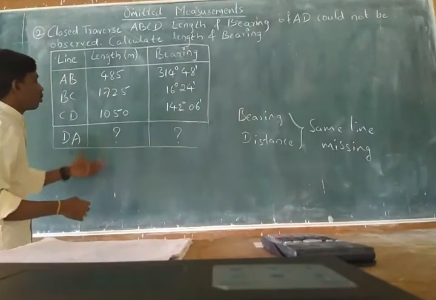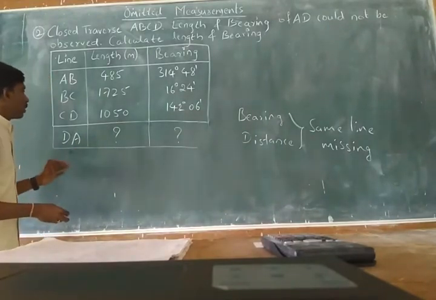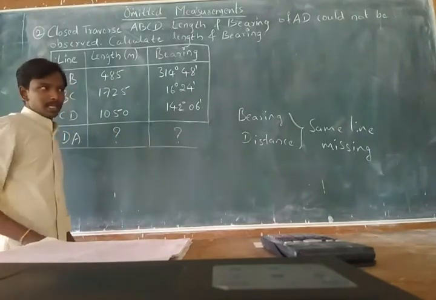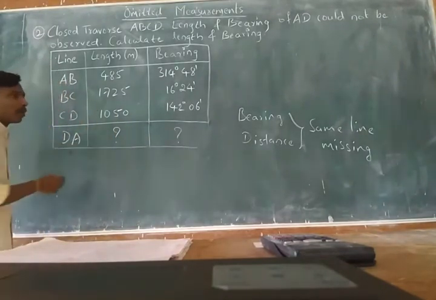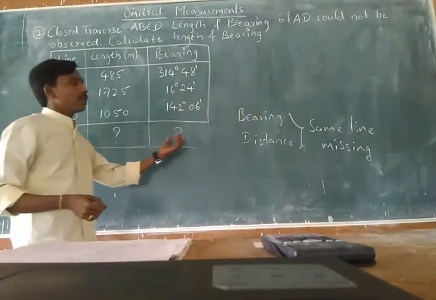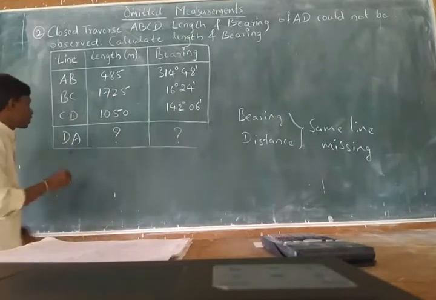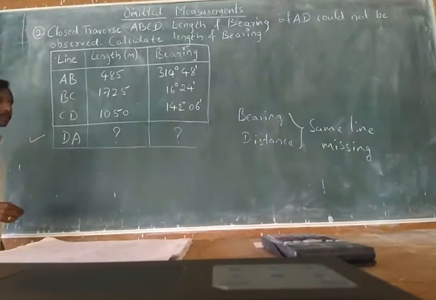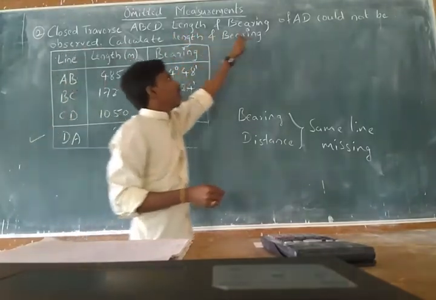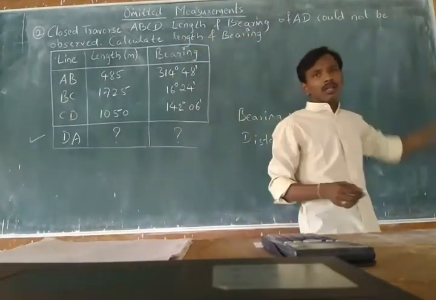In the previous problem, you observed that the length and bearing of different lines were missing. But in this particular problem, both the distance and the bearing of the same line, DA, are missing. So the length and bearing of AD could not be found.